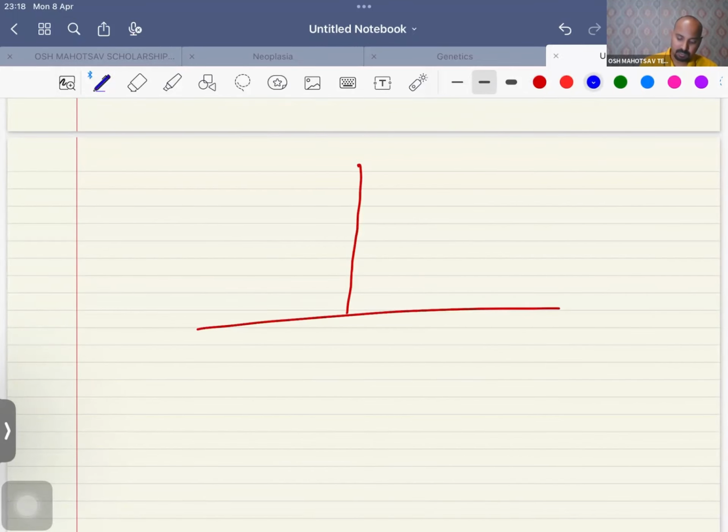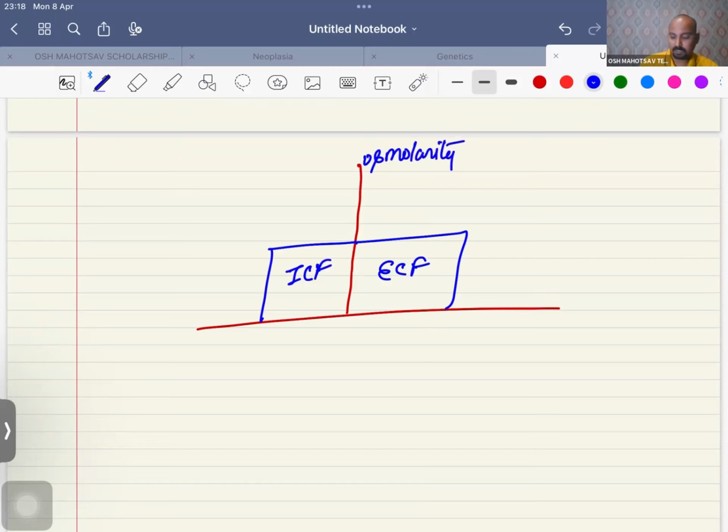Okay. So this is our Darrow-Yannet diagram. This side we have ECF, this side we have ICF. There is volume on the horizontal axis. On the vertical axis we have osmolarity. Okay.